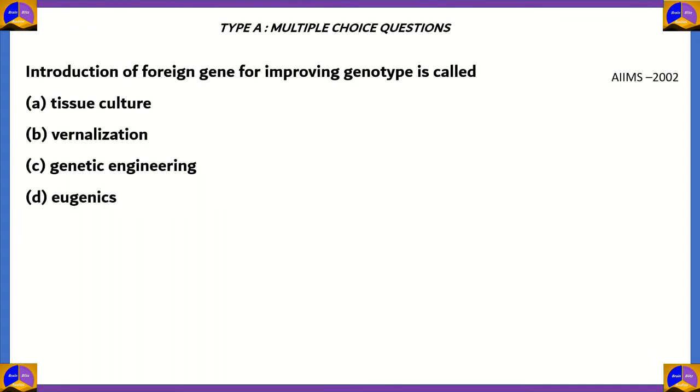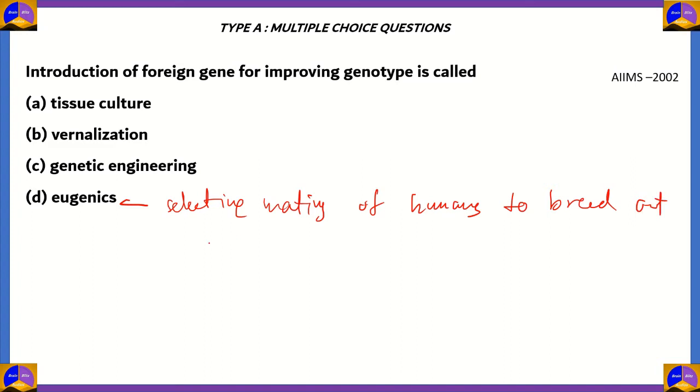Let's look at this question. Introduction of foreign gene for improving genotype is called? A, tissue culture, B, vernalization, C, genetic engineering, D, eugenics. So what is eugenics? Option D, eugenics, stands for selective mating of humans to breed out diseases.